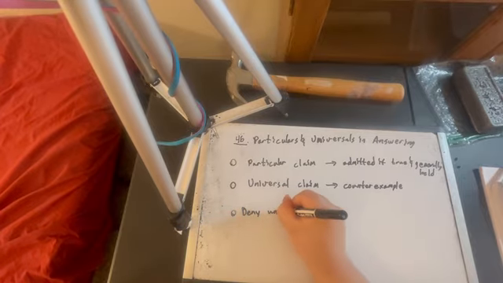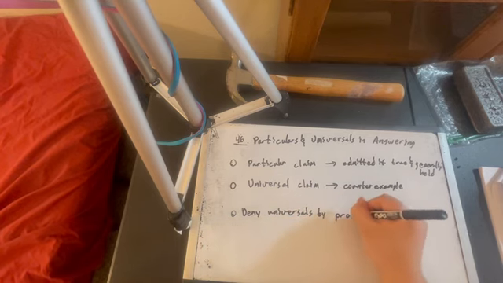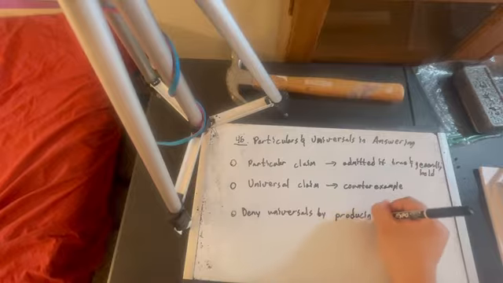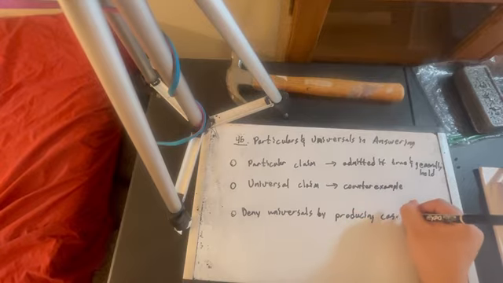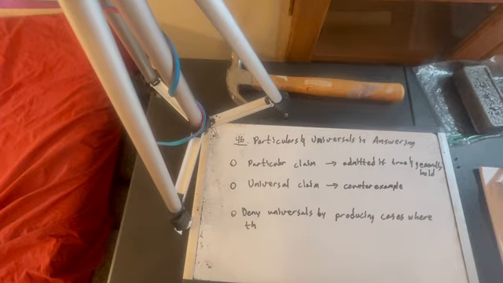Deny universals by producing cases where they fail. And if it's a particular claim, admit it if it's true and generally held.